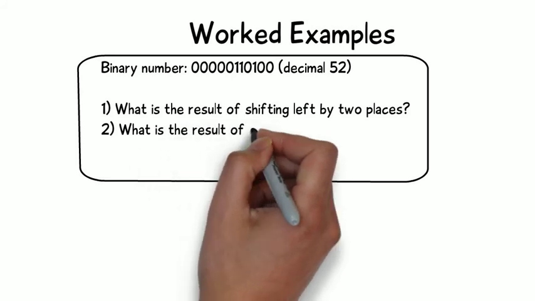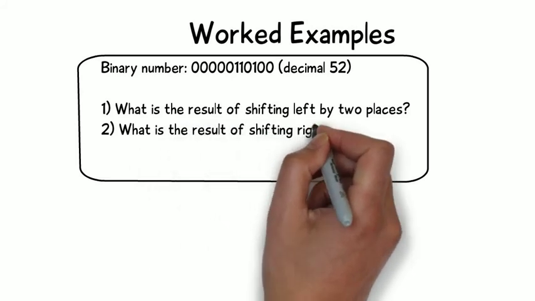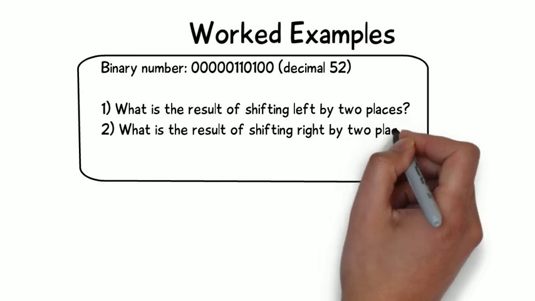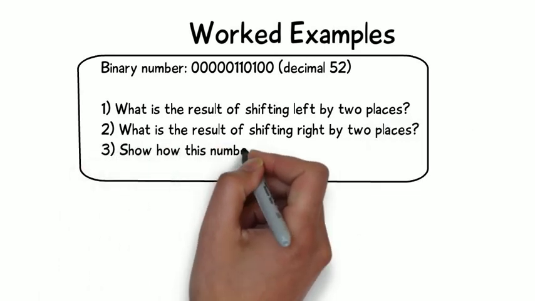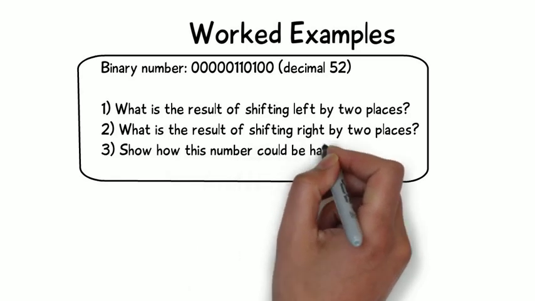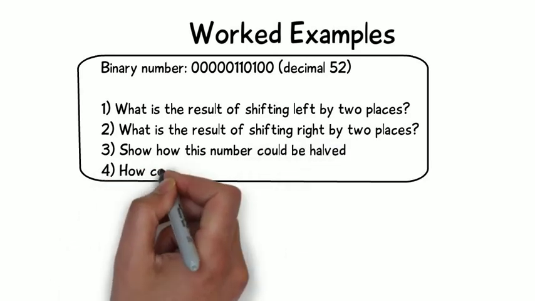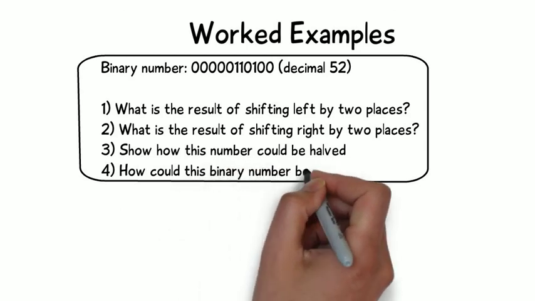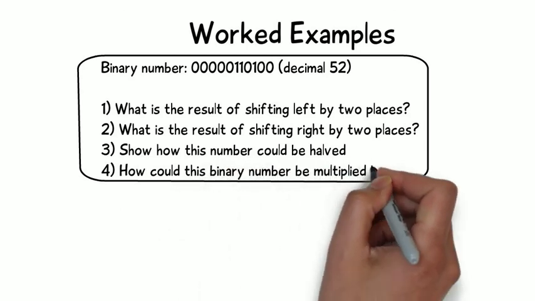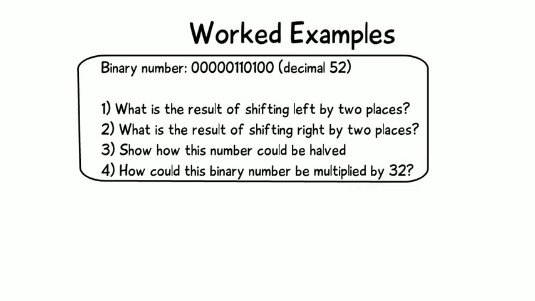What's the result of shifting right by 2 places to this number? And we're also going to ask, how can we halve this number and how can we multiply that number by 32?